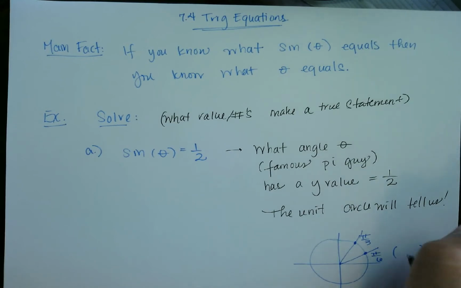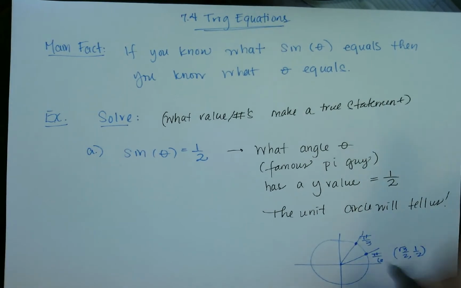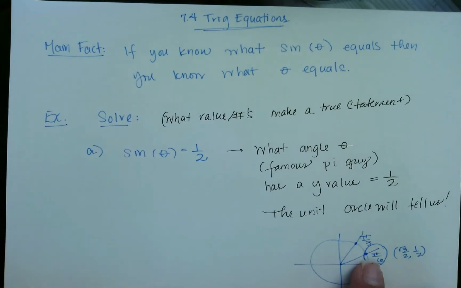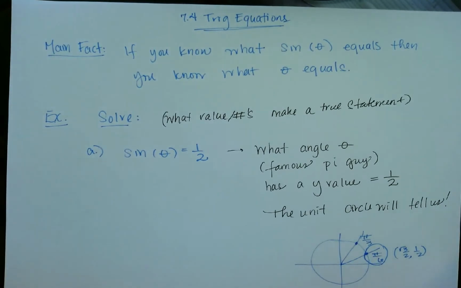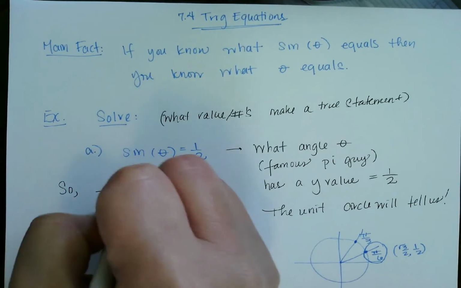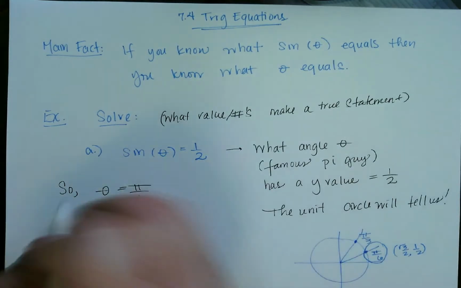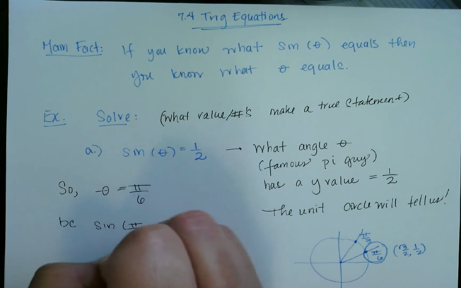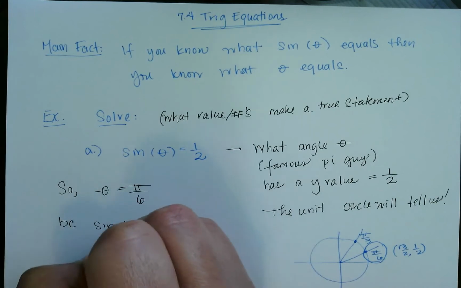It's the pi over 6. So theta is the pi over 6 guy. So theta equals pi over 6, because if you plug that in, sine of pi over 6 equals 1/2. And that's a true statement. So it was the pi over 6 guy.